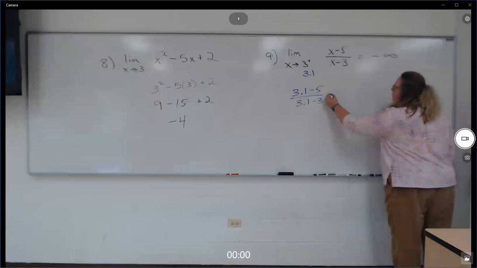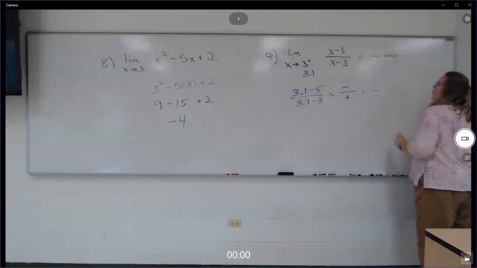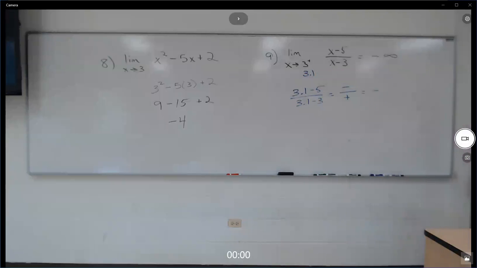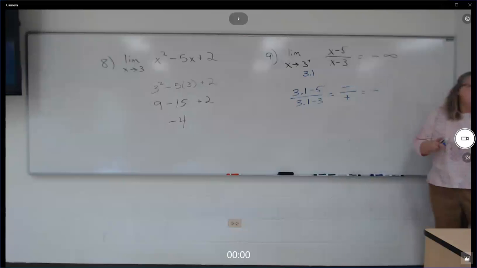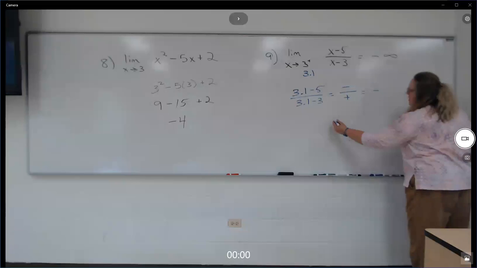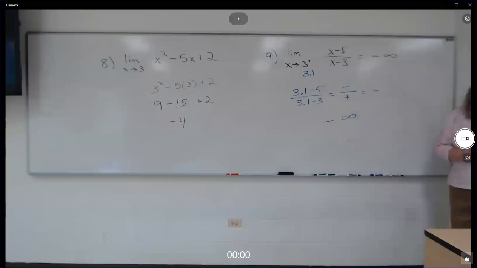And then all we did was say, okay, this is a negative over a positive, so it's negative. The y values are negative. But on your own, you have to know that you're at an asymptote, and the answer has to be positive infinity or negative infinity. And when it worked out to negative, I knew the y values were negative, so it would be negative infinity.